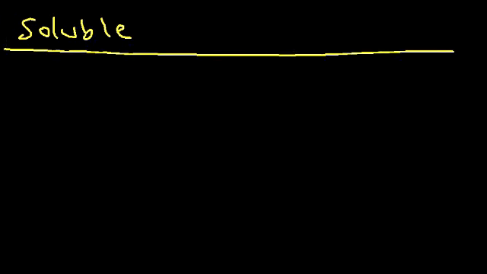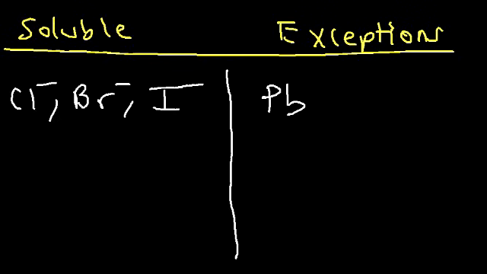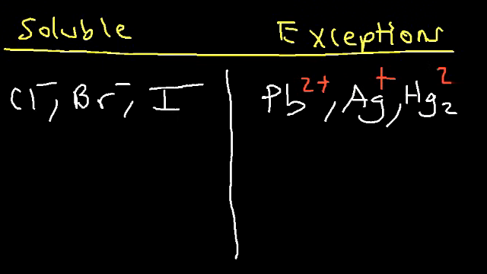Now, the ions that are generally soluble will be on the left side, and the exceptions will be on the right side. So, the ones that are generally soluble are the halides, like chloride, bromide, and iodide. Now, they're generally soluble except when bonded to one of these metal cations, like the lead 2 plus ion, silver, which we covered that one already, and the diatomic mercury 2 plus cation.